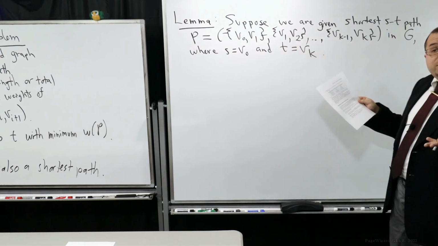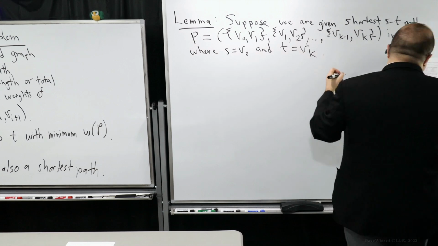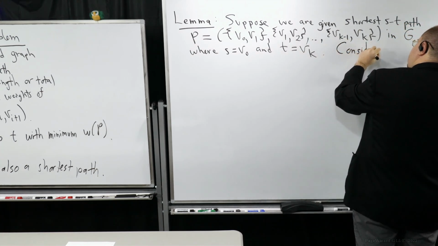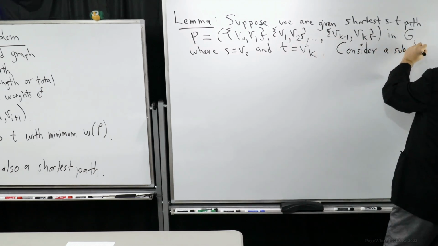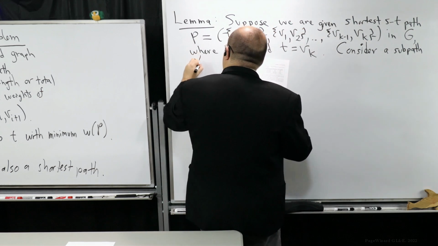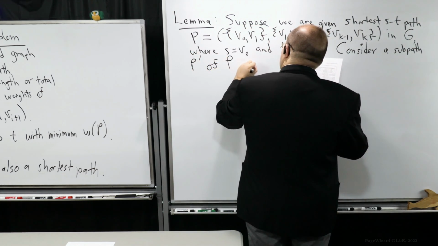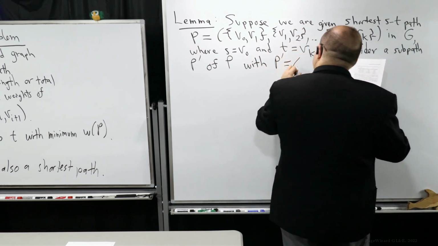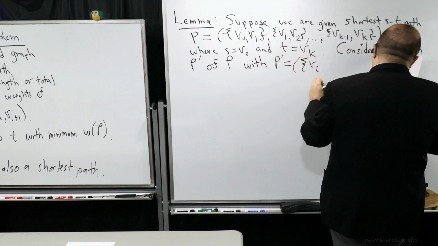Now what we're going to do is consider a subpath. So consider a subpath P prime of P, where P prime looks like this. It's going to start at some vertex vi.